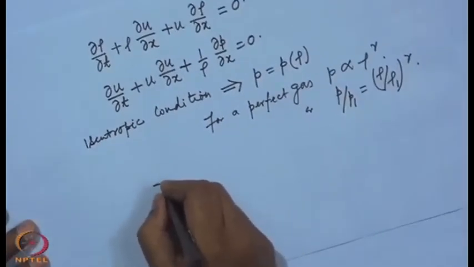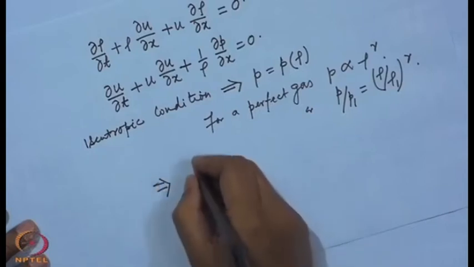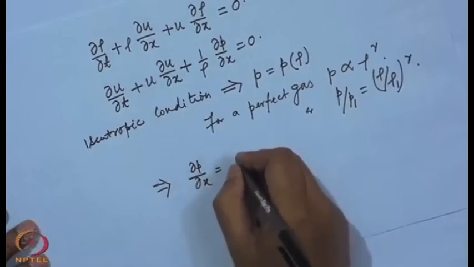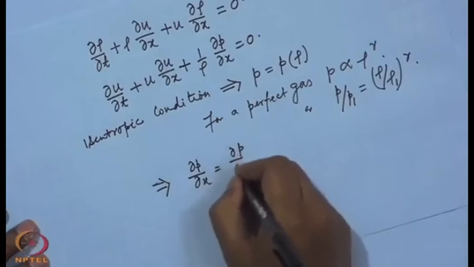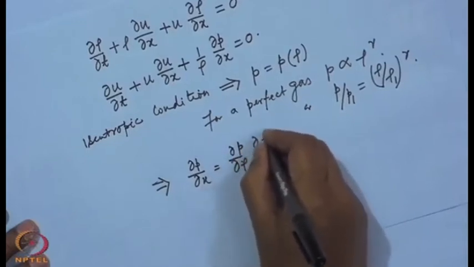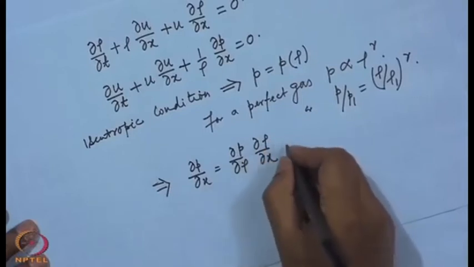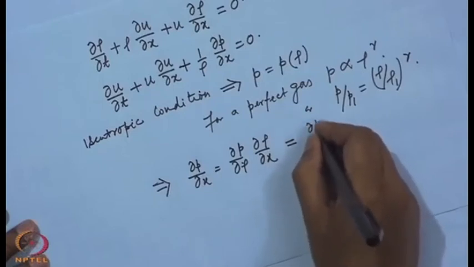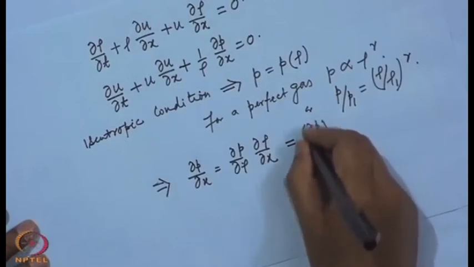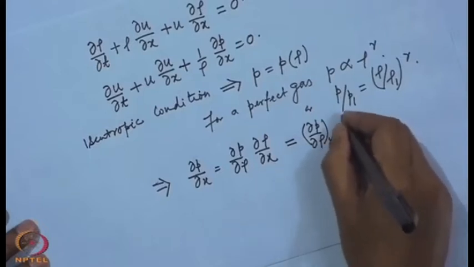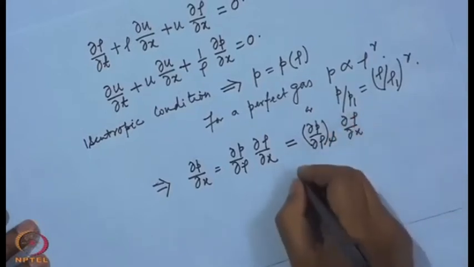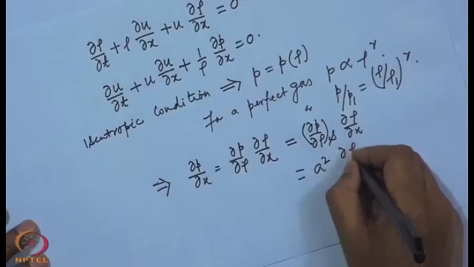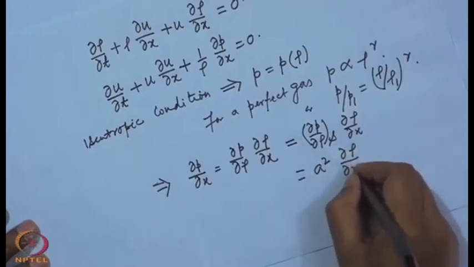This implies dp dx is dp d rho times d rho dx, and since it is an isentropic process, dp d rho at constant entropy is the square of the speed of sound.